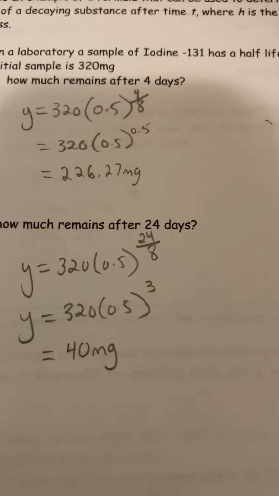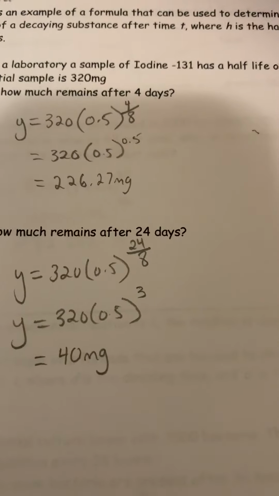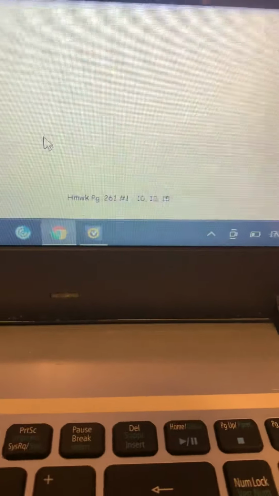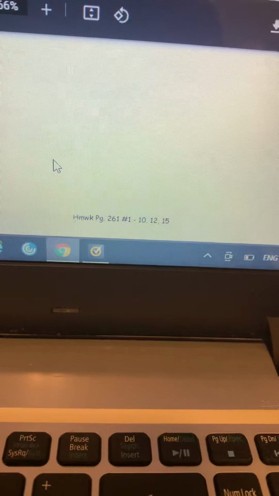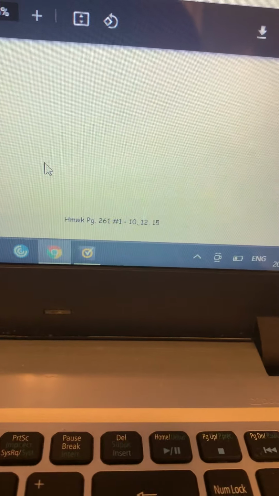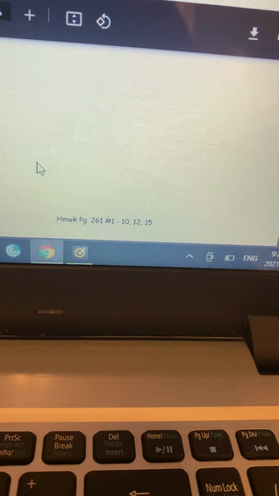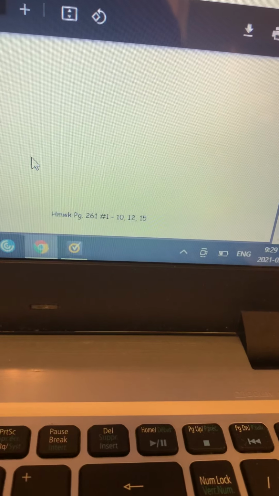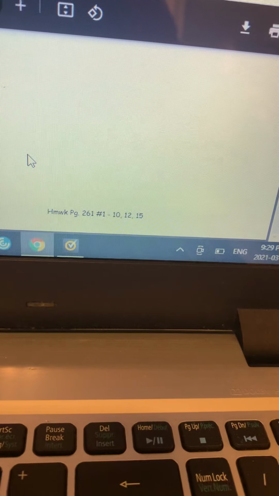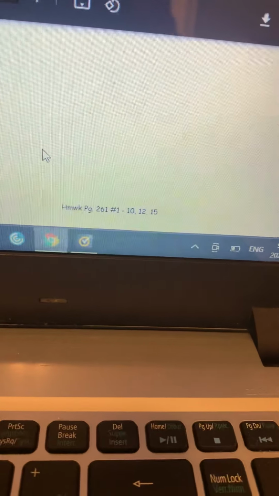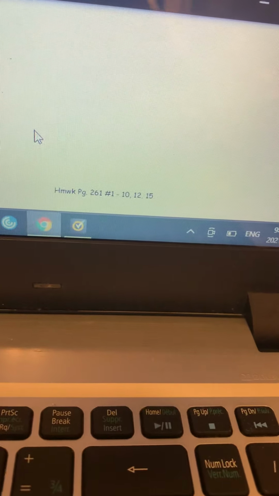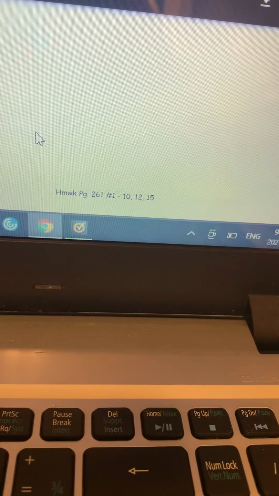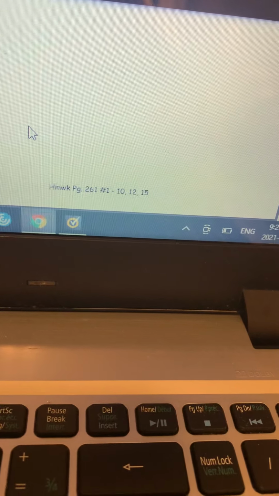Okay, we don't have the homework at the bottom here. So on my screen again, like we did previously, page 261, 1 to 10, 12, and 15. But let me just double check if that's everything I want you to do. They're all pretty quick questions.